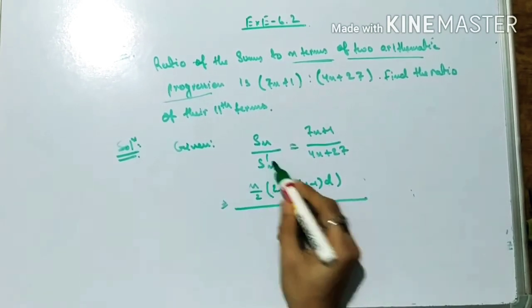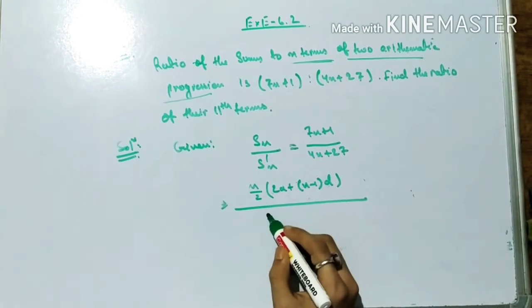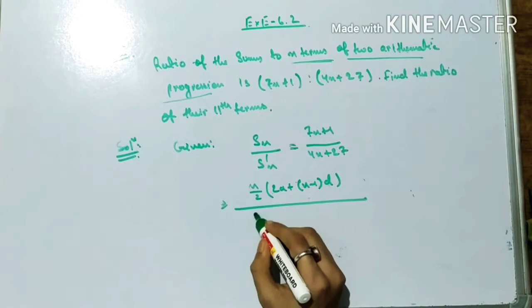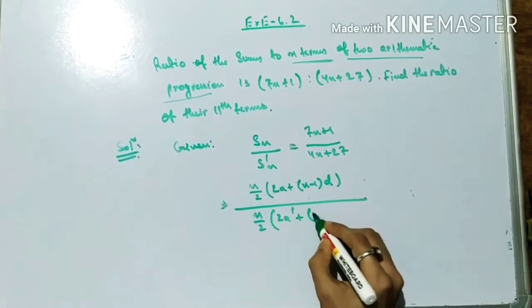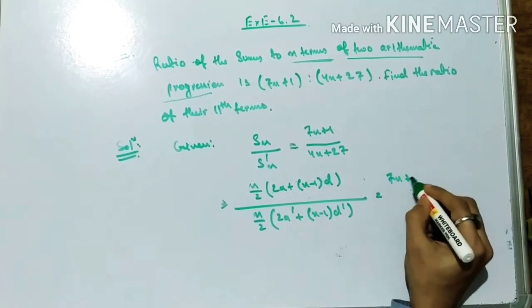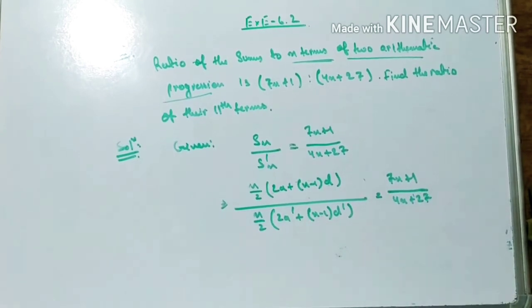S dash n, how can I write? S dash n I can write as n by 2 into twice a dash plus n minus 1 into d dash, and the ratio is equals to 7n plus 1 by 4n plus 27.